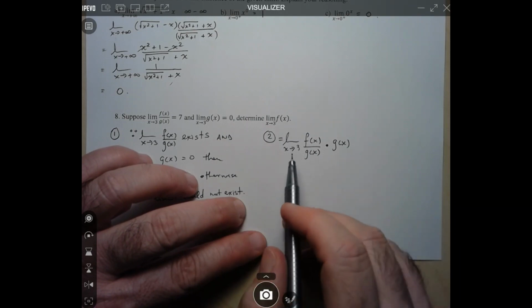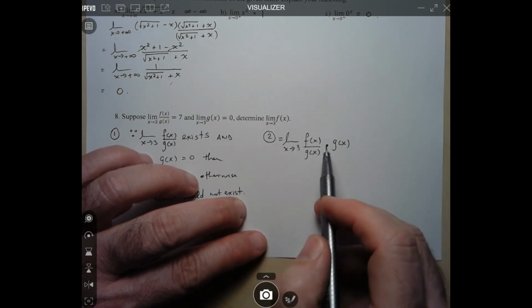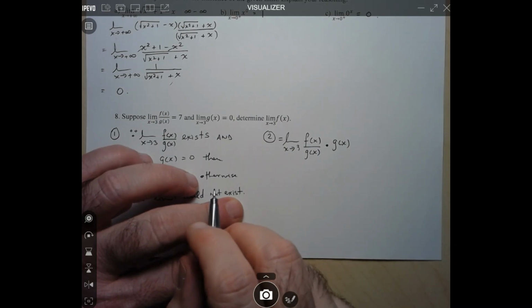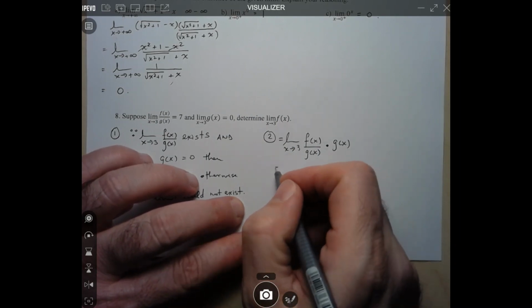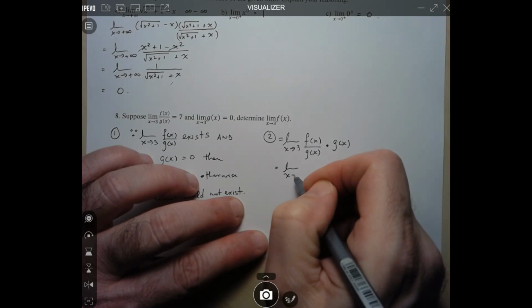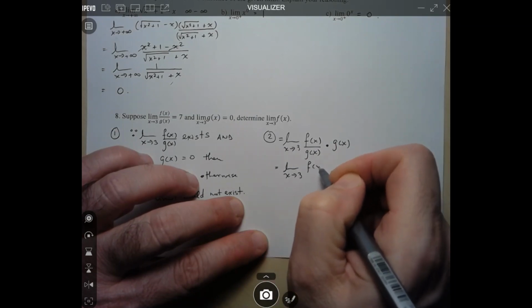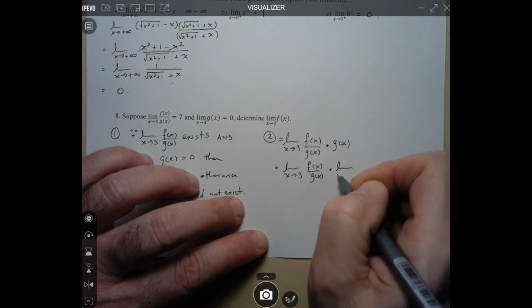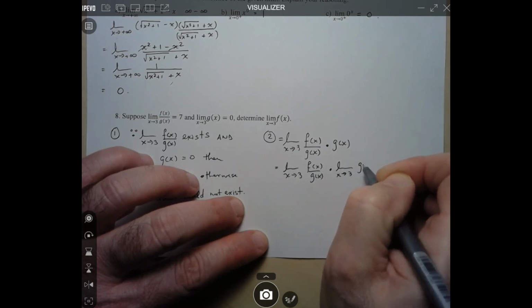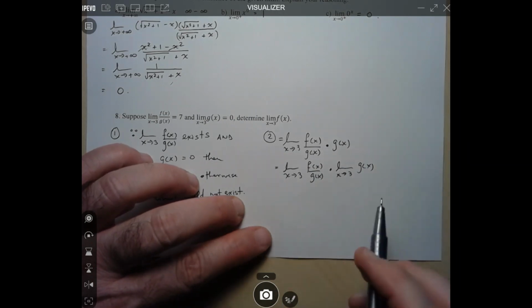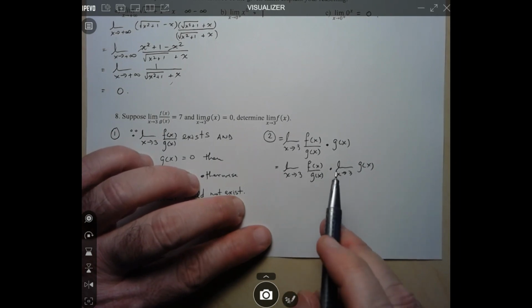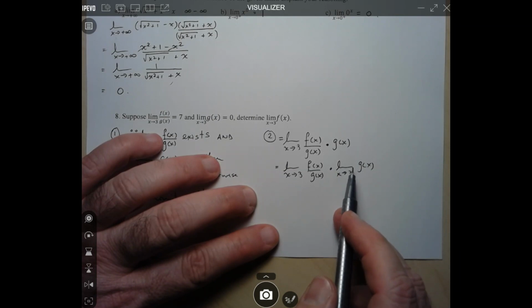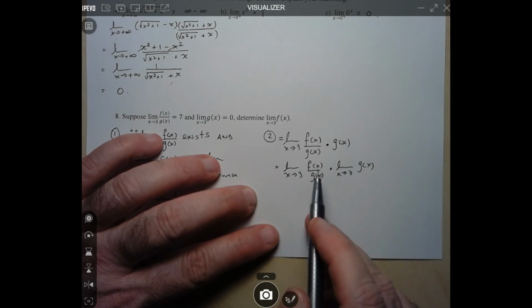But now look at what I have. I have the limit of a product, and remember those limit properties. The limit properties say that I can break this up as the product of the individual limits. But why am I allowed to do that? Remember, the condition was that each individual limit exists.